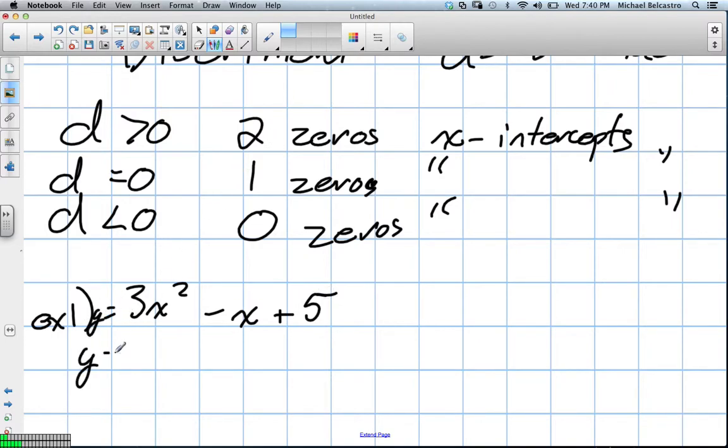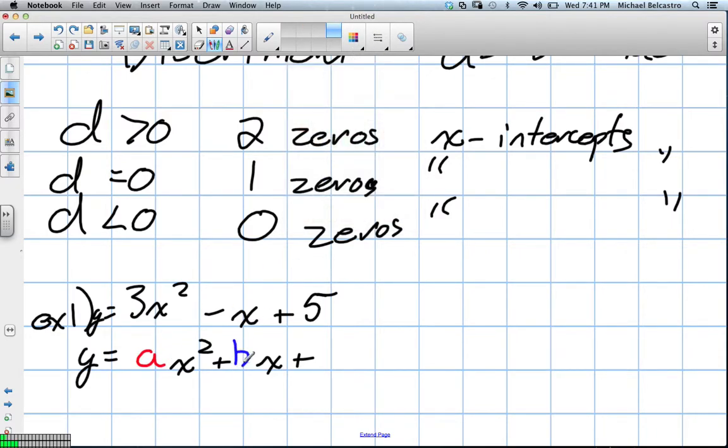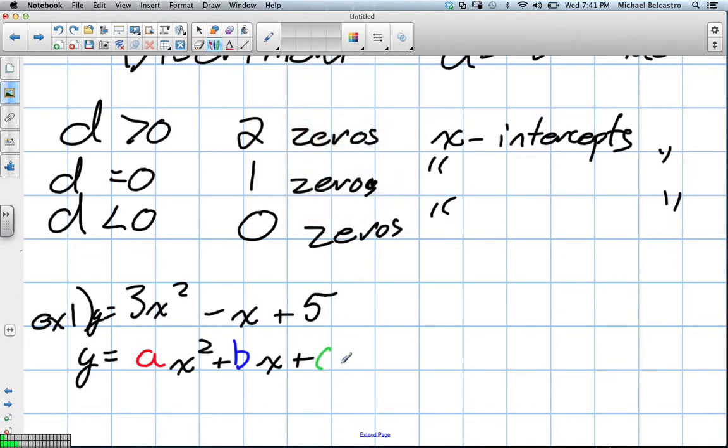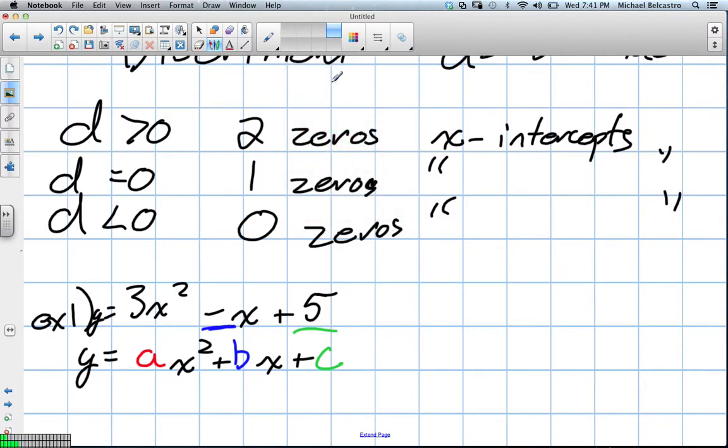In our standard form, when they talk about A, B, and C, our A value, our B value, and our C value are right here. Our C value is 5, our B value is -1 in this case, and our A value happens to be 3.